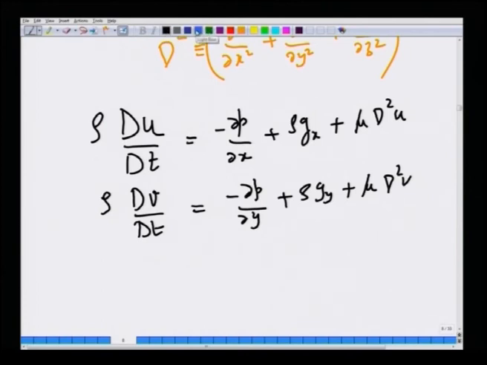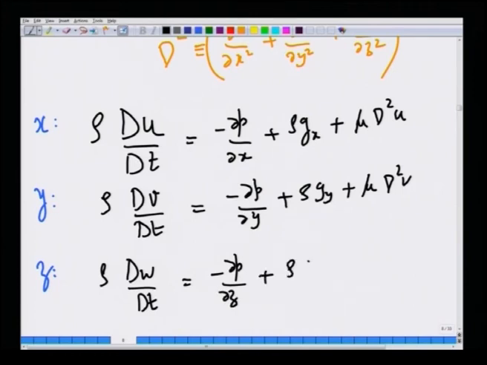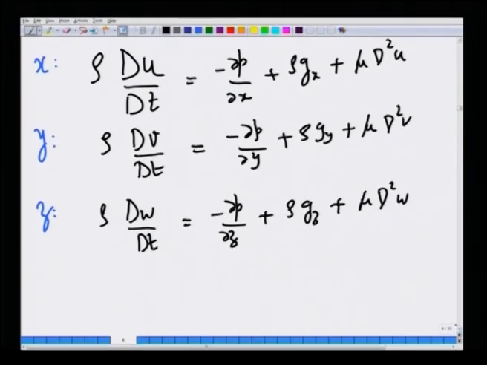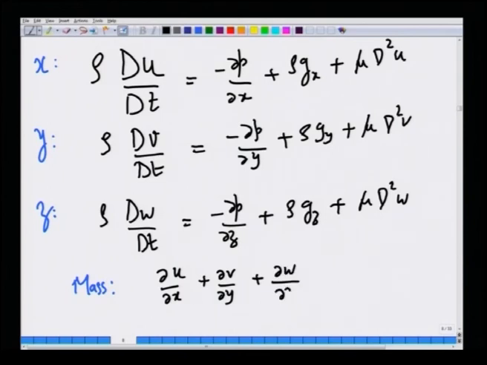This is the x component, the y component, and this is the z component, mu del squared w. And of course, one has the continuity equation, the differential form of mass balance, which is partial u partial x plus partial v partial y plus partial w partial z is 0.